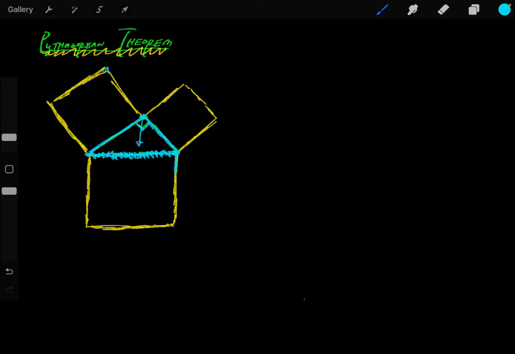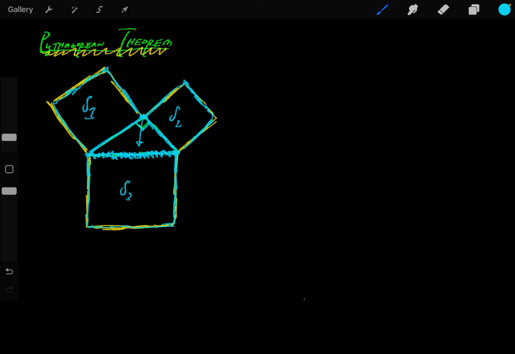The square that's drawn on that side, its area is equal to the area of the square on the other side plus the area of the square over here on the other side. So we could say S1 plus S2 is equal to S3.